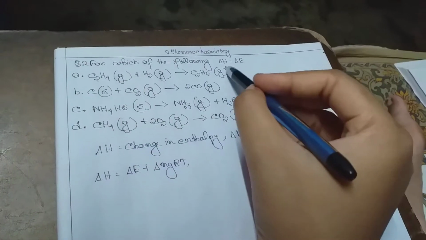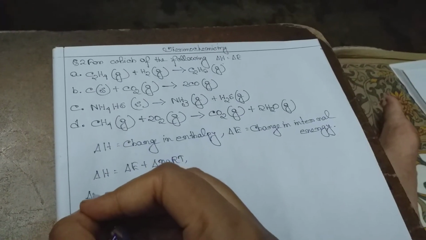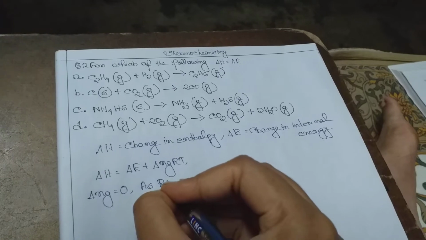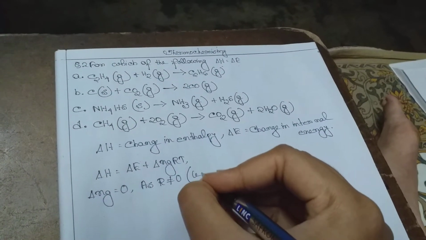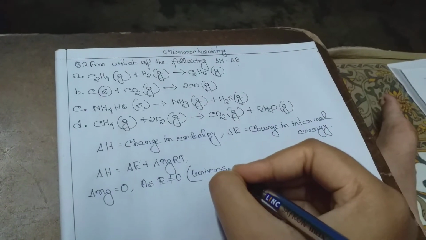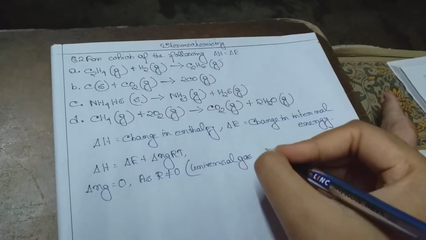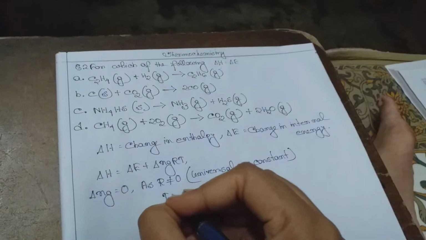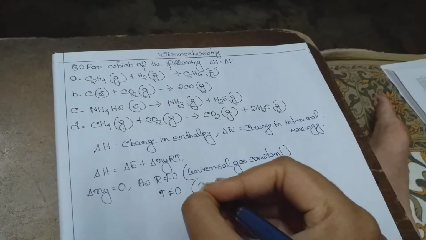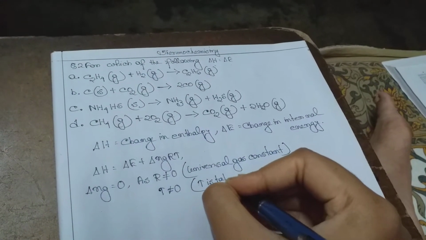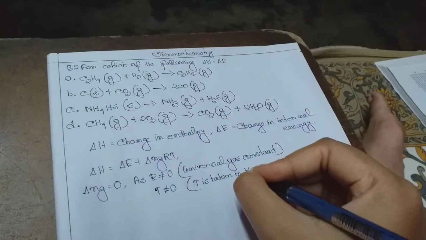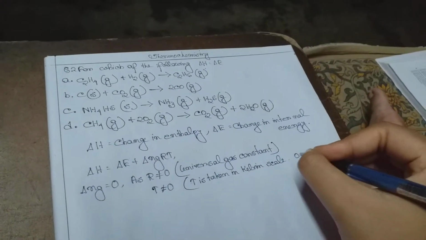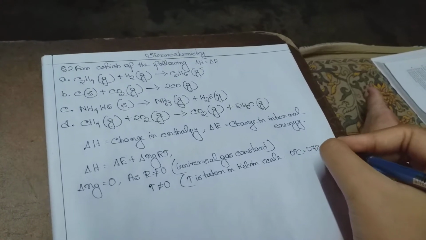For delta H to be equal to delta E, delta Ng must be equal to 0, as R cannot be 0 because it is the universal gas constant, and temperature cannot be 0 because temperature is taken in the Kelvin scale, and in the Kelvin scale 0 degrees centigrade is equal to 273 Kelvin.